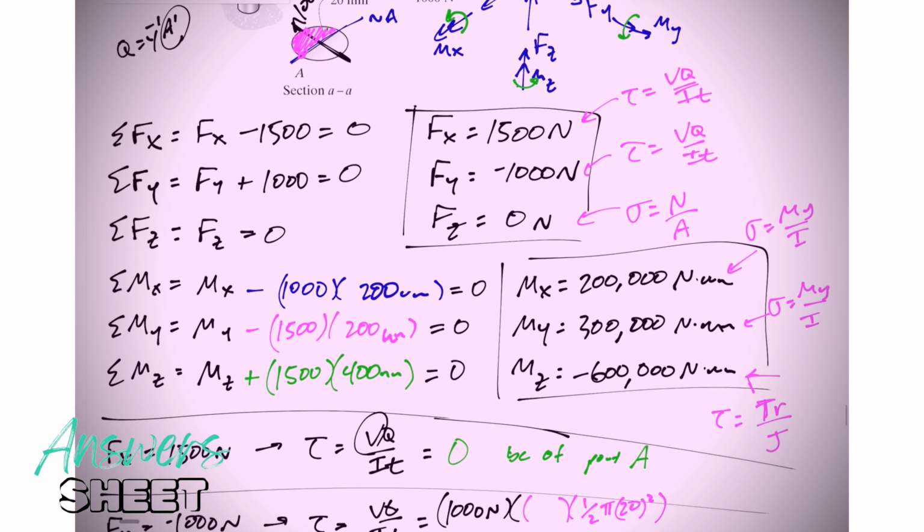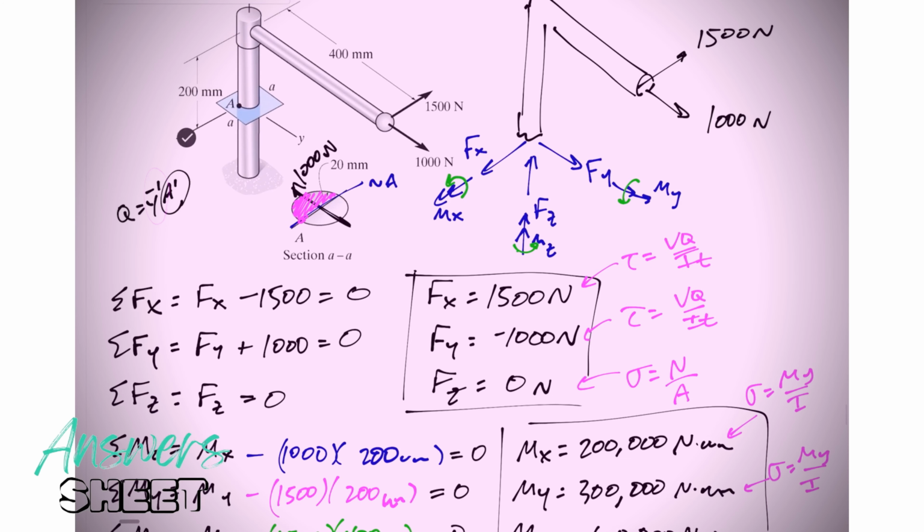All right. And then the Y bar prime is the distance from the neutral axis to the centroid of A prime. So that distance right there from here to there, look on your formula sheet.